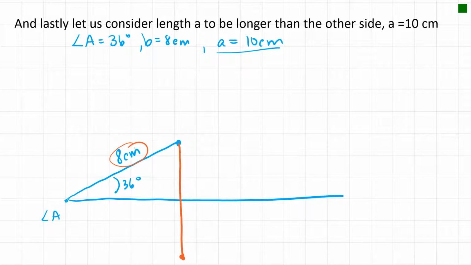Now, I have to swing it left or right to make it fit. If I swing it up here, can you see that this red line wouldn't have space inside the triangle? It doesn't work. So the only way I can swing this is in this direction right here. And that means there is one triangle possible.